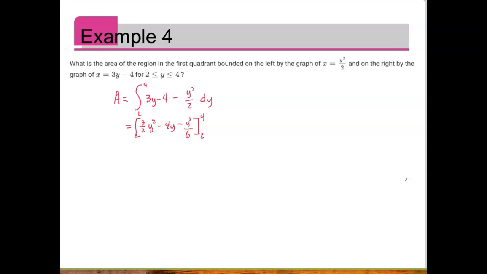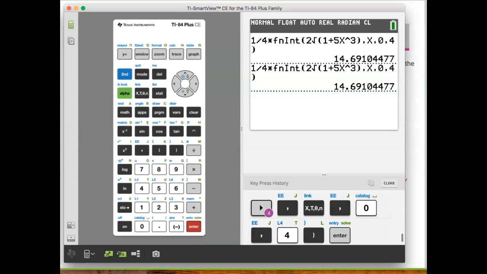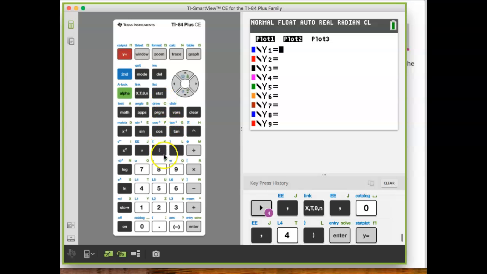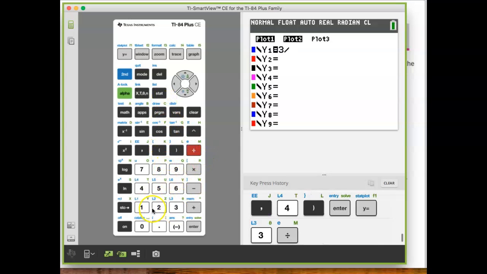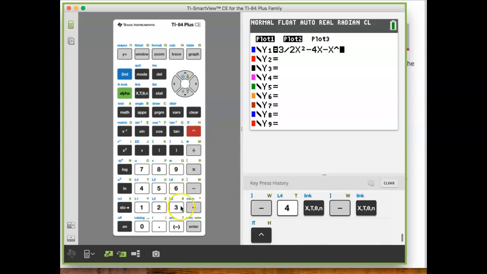All right, just a reminder, because I can't tell you enough, that when it's something this complex, don't do that by hand. Let's use our calculator. Let's put the antiderivative in y1. My antiderivative is 3/2, just replacing y with x, squared, minus 4x, minus x cubed over 6.